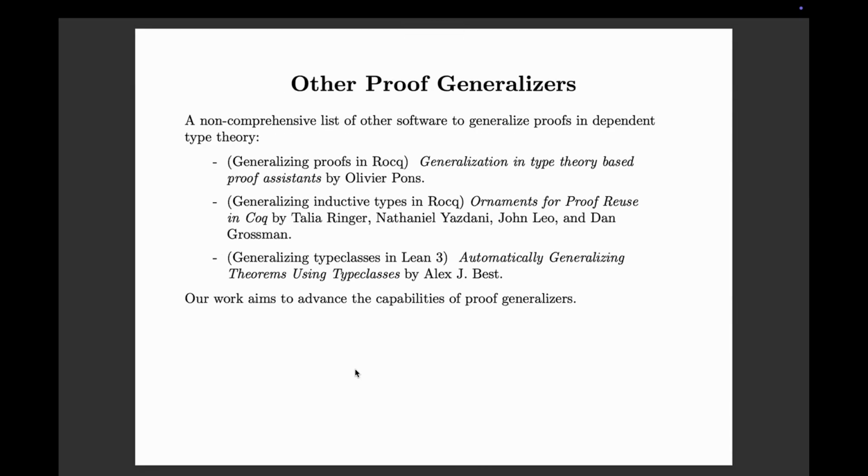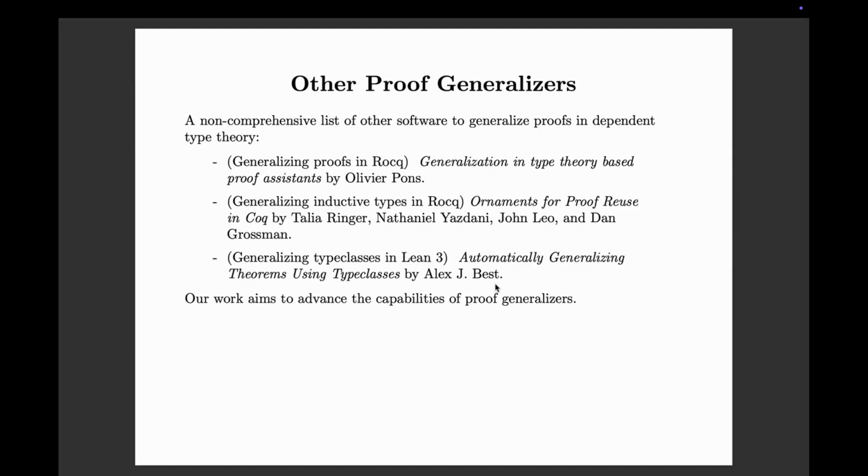Okay, and so this is by no means the first proof generalization tool. Talia Ringer, along with colleagues, gives a really good survey of previous proof generalization tools, and some things I wanted to highlight were the precursor of this work in Rock by Olivier Pont. People have focused on generalizing inductive types specifically in Rock, like Talia Ringer and colleagues.